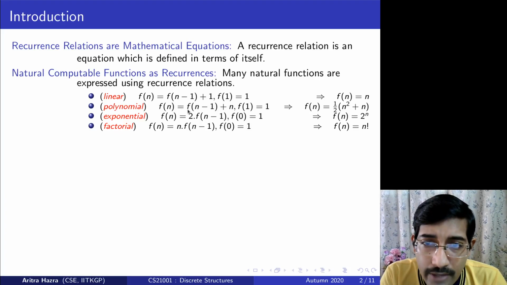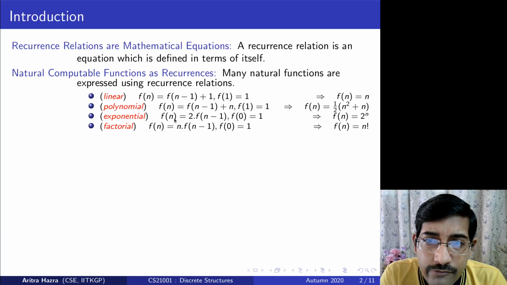Again you expand, it will be fn minus 3 plus n minus 2 plus n minus 1 plus n. If you go till n equal to 1, you will get the summation 1 plus 2 plus 3 up to n, which is n into n plus 1 by 2, and this formula results.